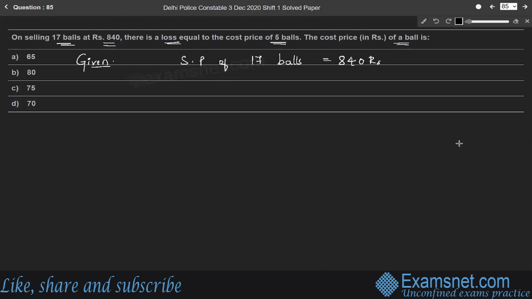So let us assume the cost price of each ball is equal to X rupees. So based on that, we are finding the loss, right? By formula, the formula of loss is cost price minus selling price, where CP stands for cost price, SP stands for selling price, right? Calculation.